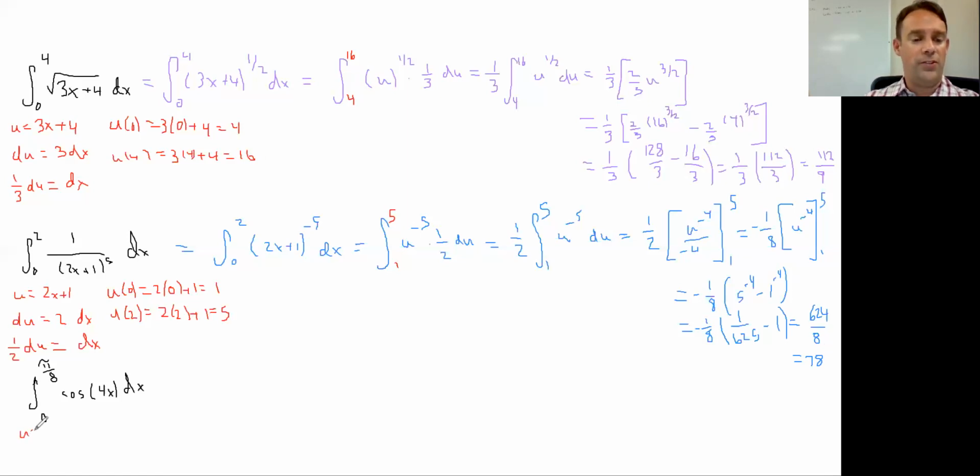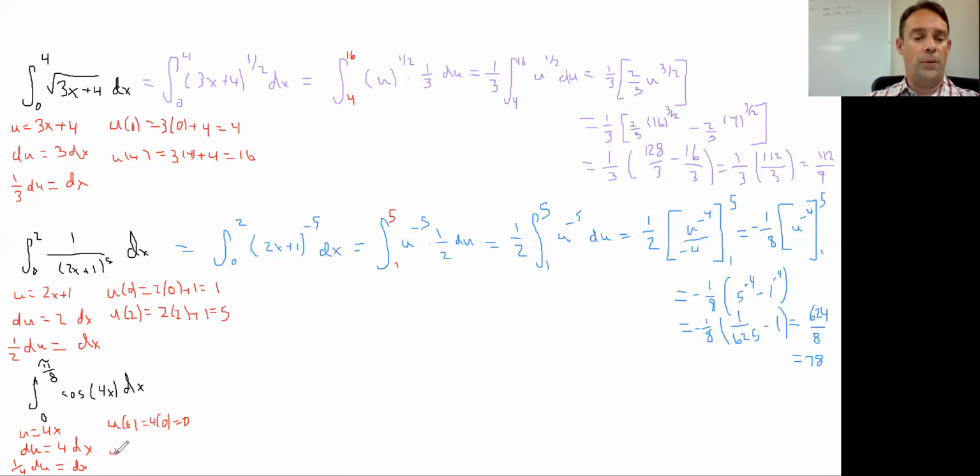So u is 4x. Du equals 4 dx. By now, hopefully we're getting really good at these u substitutions. So 1/4 du equals dx. So we plug in our bounds because we're going to figure out what these turn into. So u of 0 is 4 times 0, which is 0.